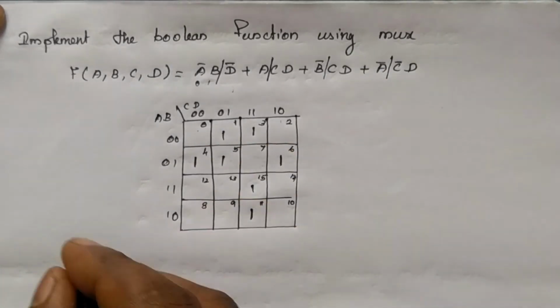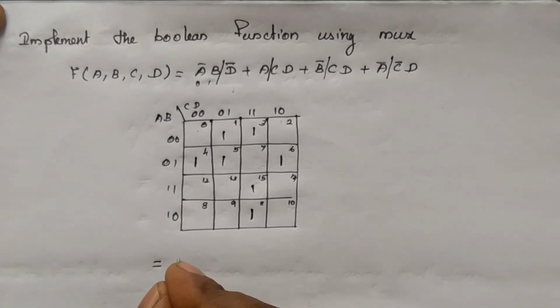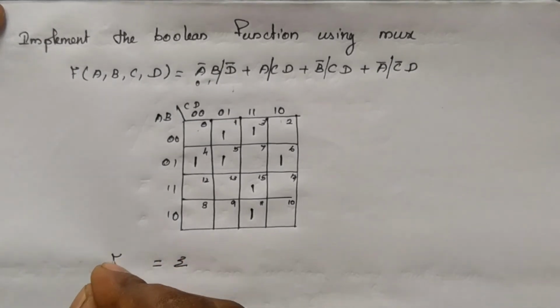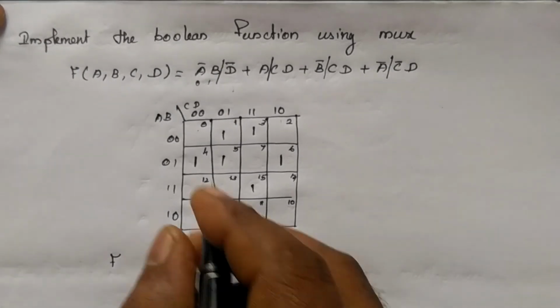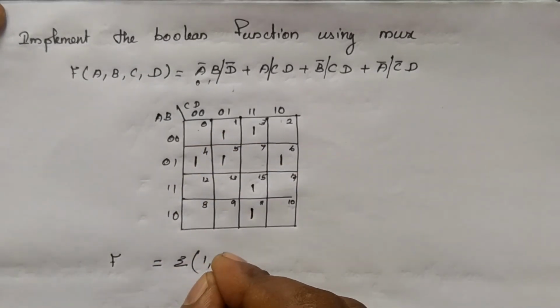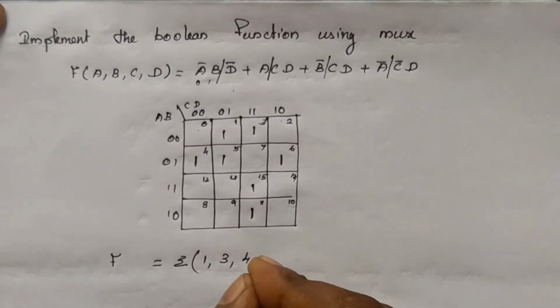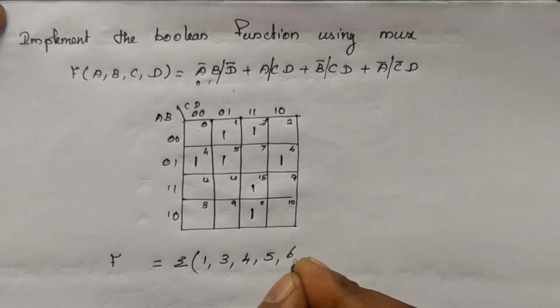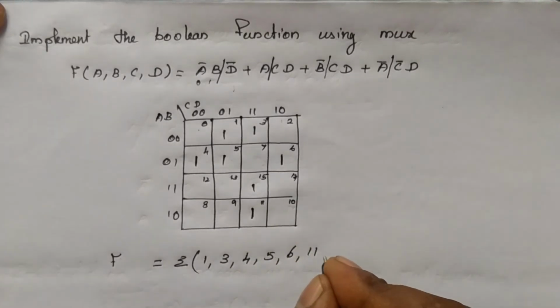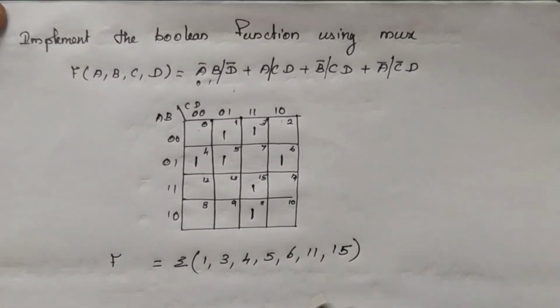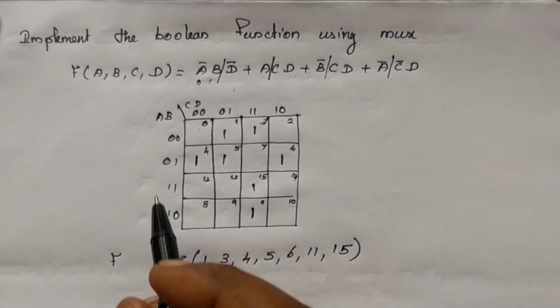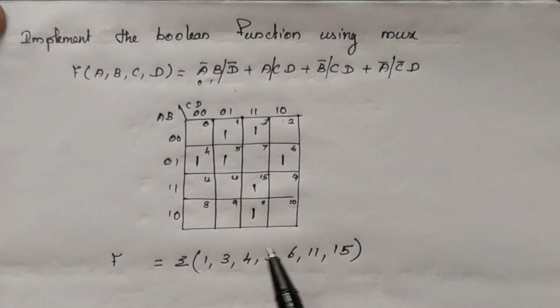So from here we can directly find the min terms, which is f of A B C D equal to sum of 1, 3, 4, 5, 6, 11, 15. This is the min-term representation of this particular expression.